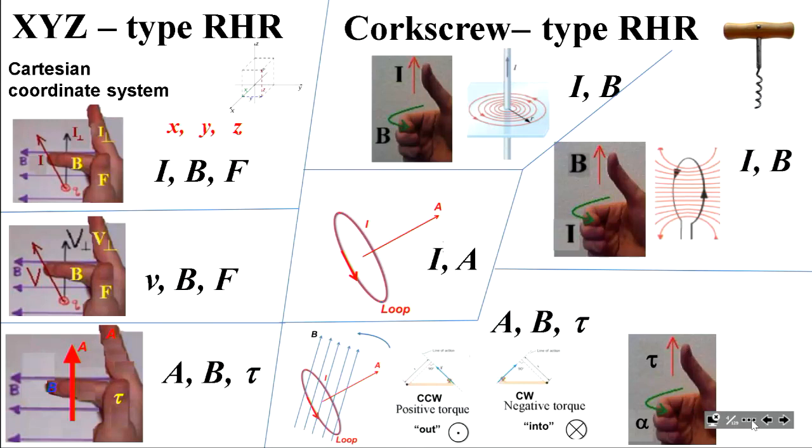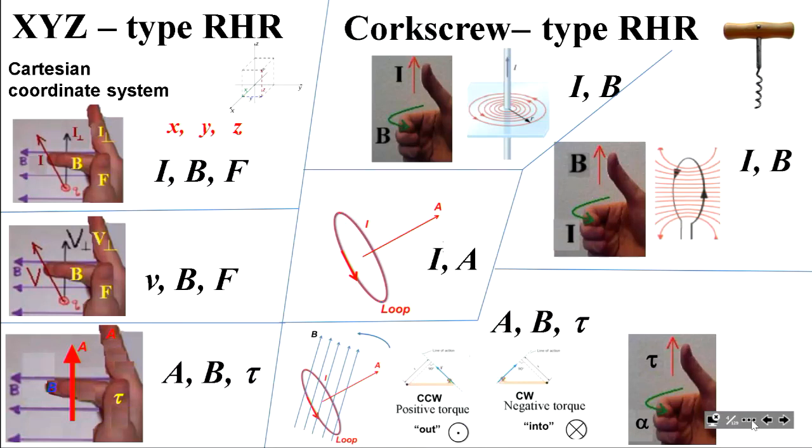All these right-hand rules are based on X, Y, and Z axes together. In all these rules, we always have the index finger, which is an equivalent of the X axis, magnetic field B, and whatever it is, Z, always.